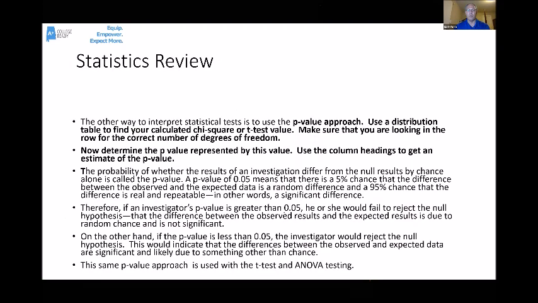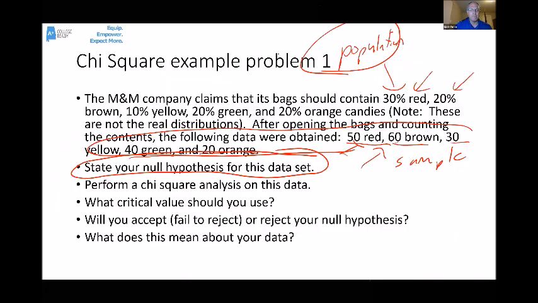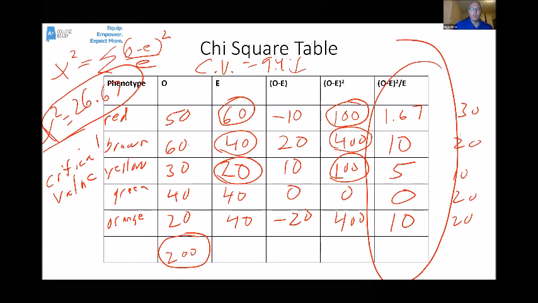So let's go back to our table. So we had a chi-square value of 26.67, and we had a critical value, what was it, 9 point, anybody remember what it was, 9 point what? 9.49. So we have to compare these two numbers.